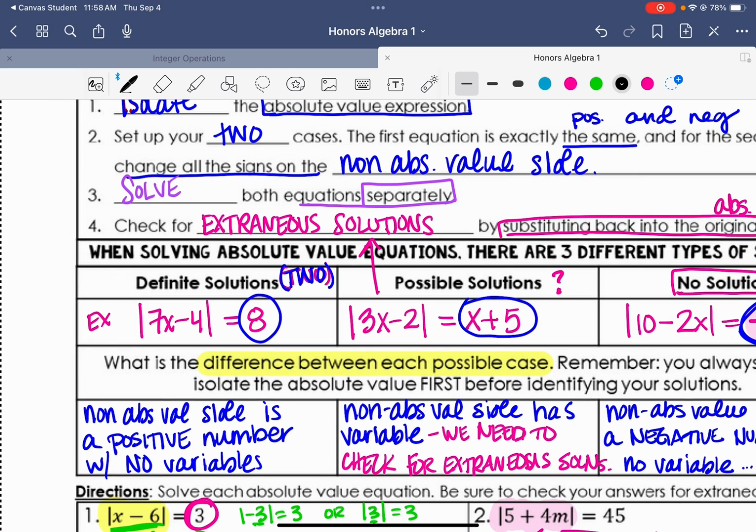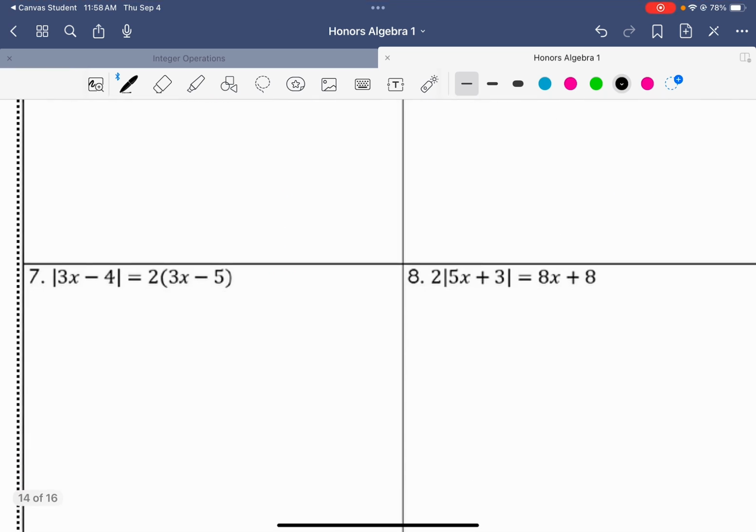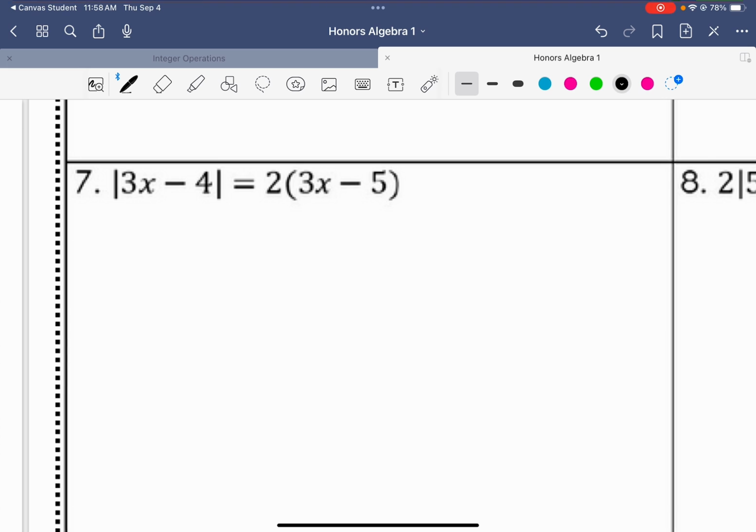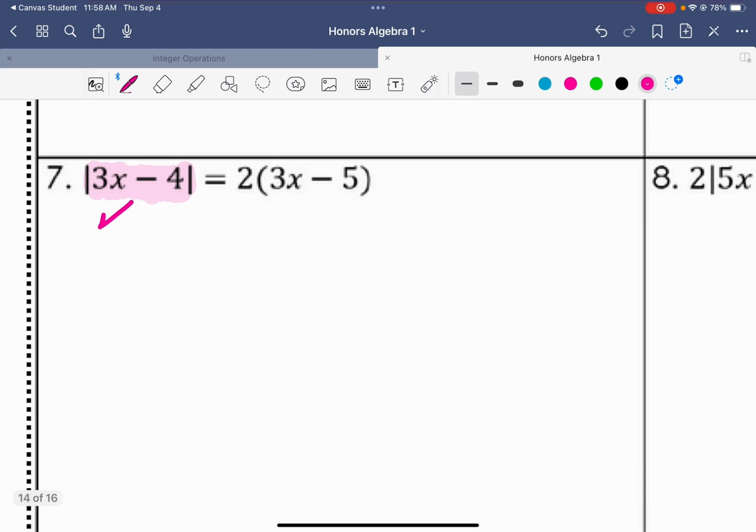Okay, so I'm going to look at number 7. We're going to jump down to number 7 here. Number 7, see how I have two of these here. I don't have to work on isolating because this absolute value expression is already isolated. So I'm going to now separate this into its two possible equations.